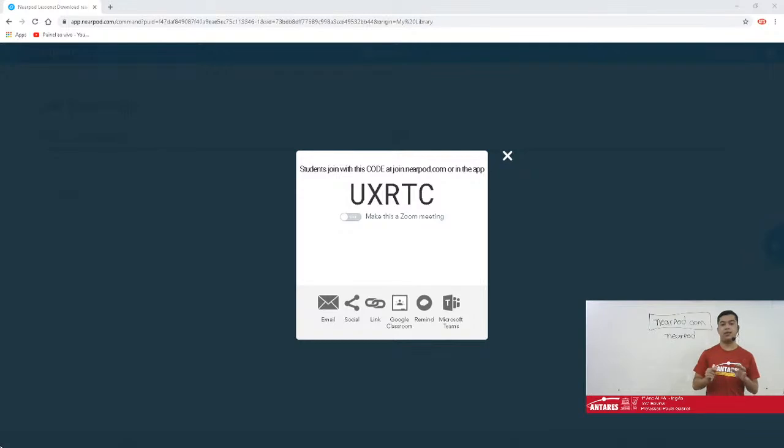Whenever you open it, there is a student box, and then you enter this code. Okay, guys? One minute for the rest of you to get in. It's very necessary for you to get into Nearpod, especially this class, okay? Because you have a quiz, you have a poll, you have a collaborative board, okay? So you are going to be the ones who are going to run this class. Let's go, let's go, let's go.